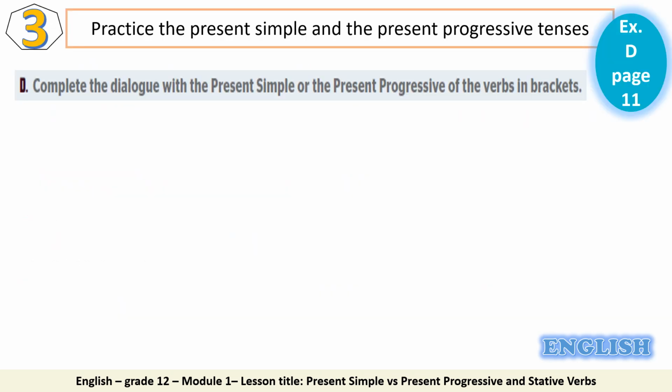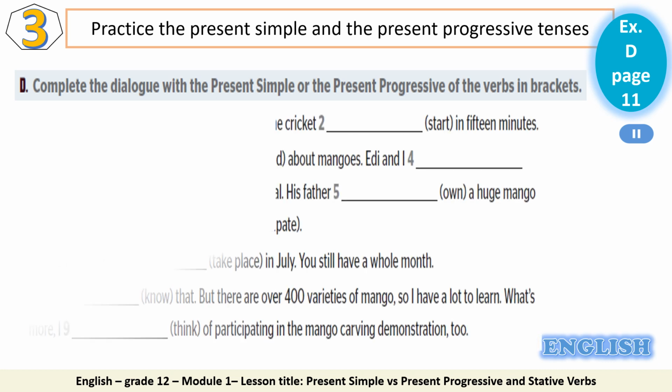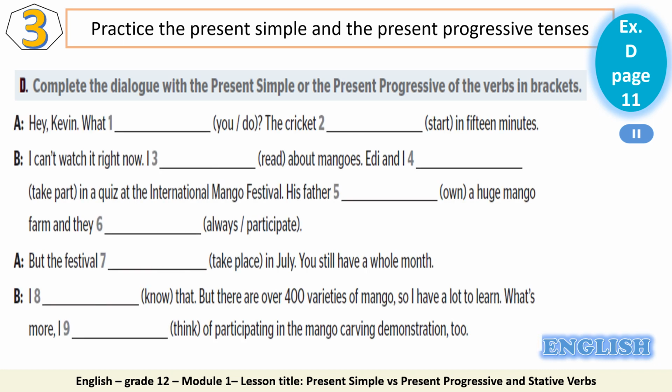It is said that practice makes perfect. Do you believe in that? Personally, I do. That's why it's time to practice all that we have acquired in our lesson today. For the last time, pause the video and complete all the dialogue in exercise D, page 11, with the present simple or the present progressive of the verbs in brackets.